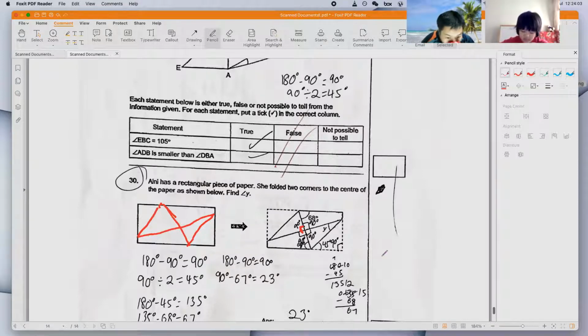And over here it says you cannot measure also. Okay, let me quickly go and take out a piece of paper so that I can demonstrate to you.